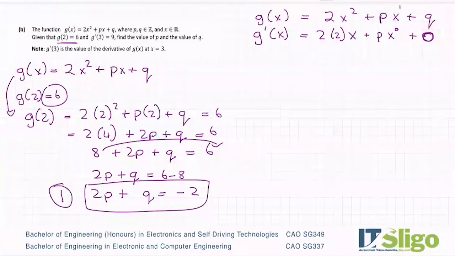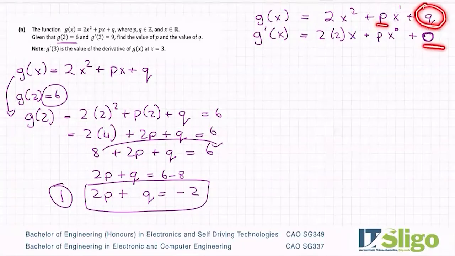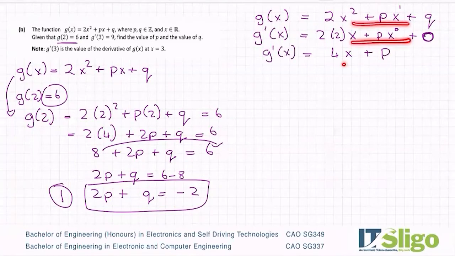These are just numbers, so if you differentiate a number, you get 0. So 2 twos are 4x, plus x to the power of 0 is just 1, so it's just p. That was tricky enough, trying to find g dash of x.